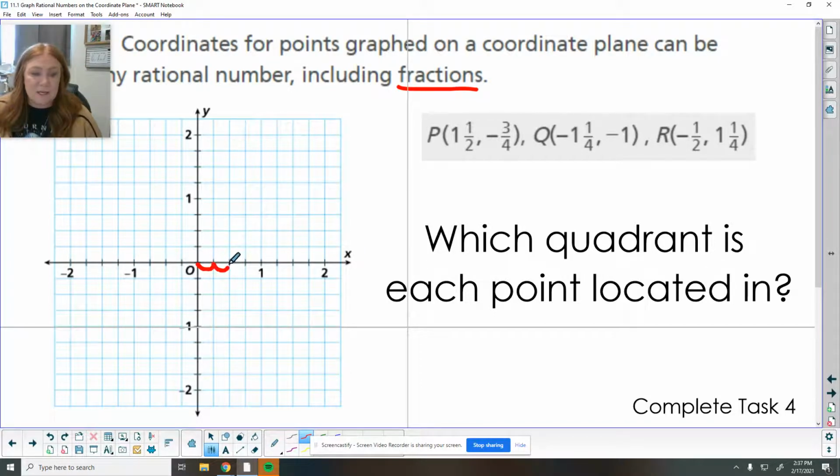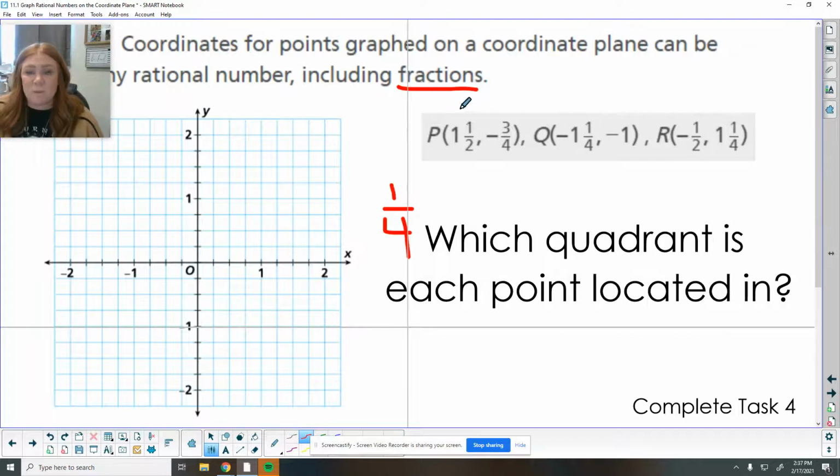There's 1, 2, 3, 4. So each of these are counting by fourths. So here's 1/4, 2/4, 3/4, 4/4. 4 divided by 4 is 1. So as we are graphing these, we want to keep in mind that this is counting by fourths.